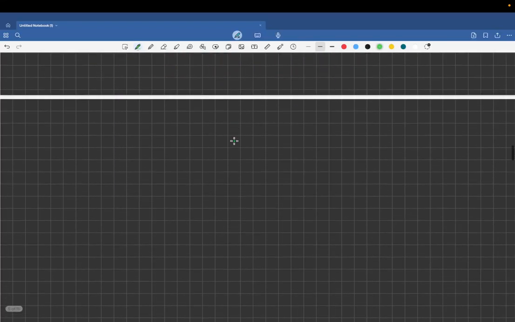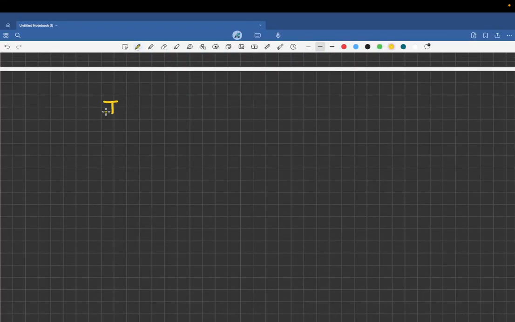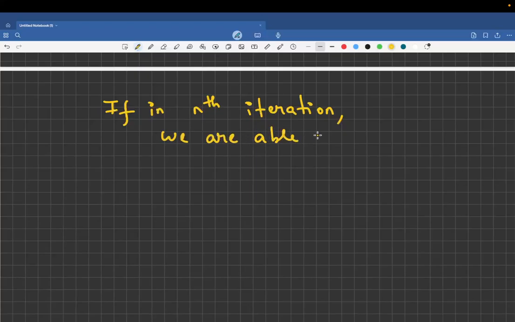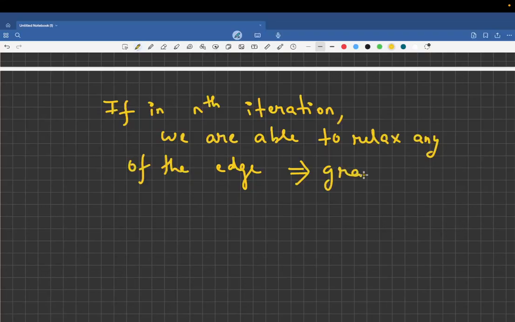And then if in the nth iteration we are able to relax any of the edges, this implies that the graph contains a negative weight cycle.